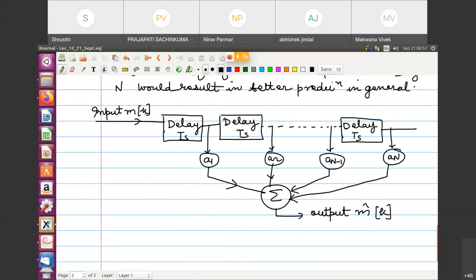So this is the input and this is the predicted value. Now this filter is called a transversal filter, or a tapped delay line filter.